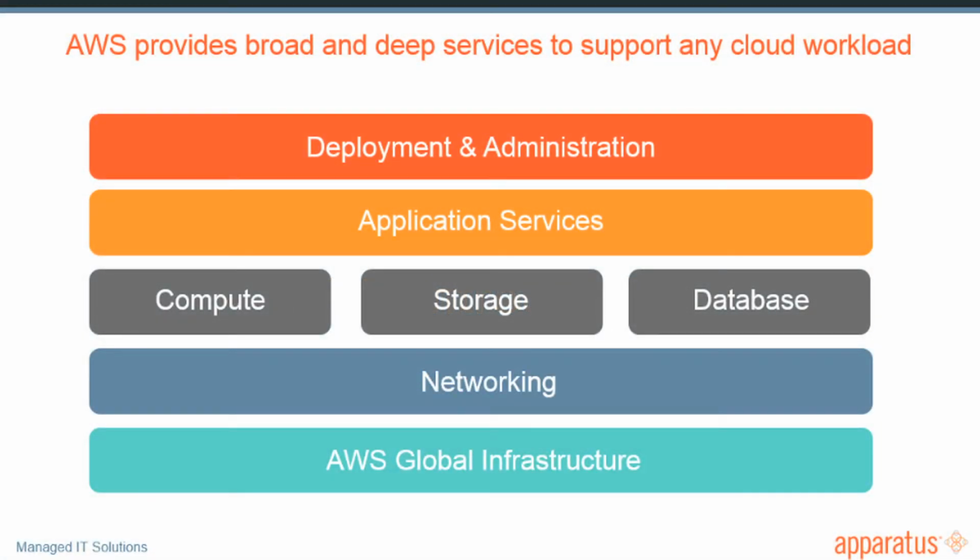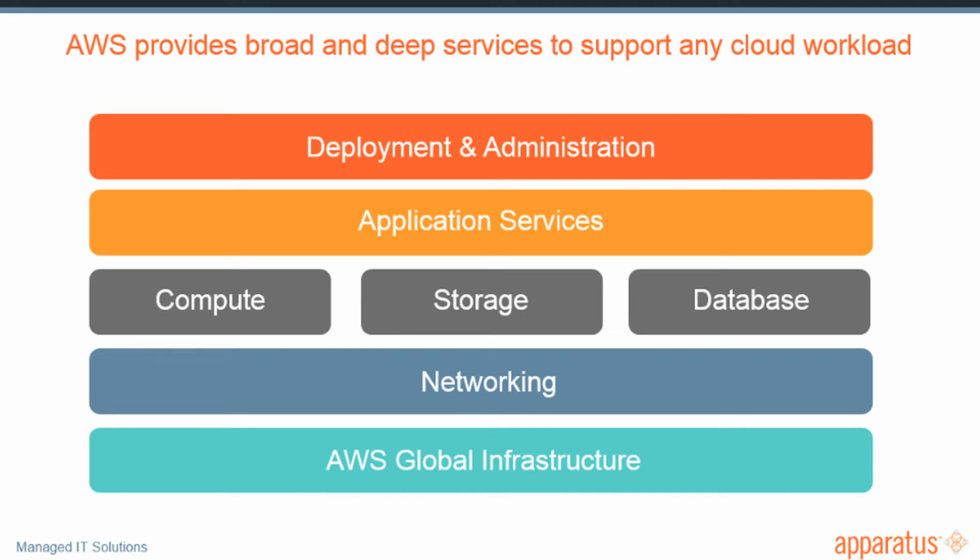So AWS provides quite a service offering to support pretty much any workload that you could have. On this particular slide, I'm going to start from the bottom and work my way up because everything is kind of a layered stack here, and you can't have one without the other.